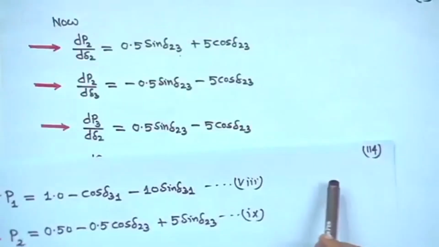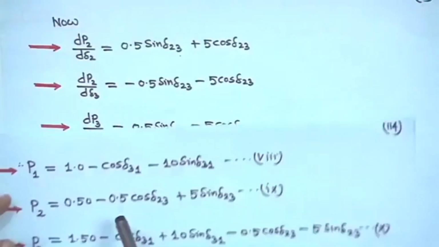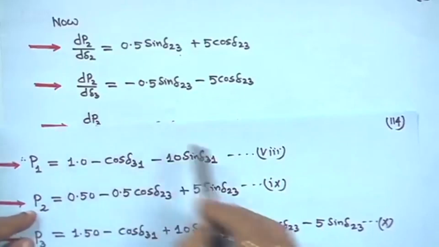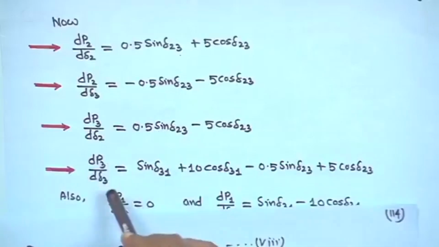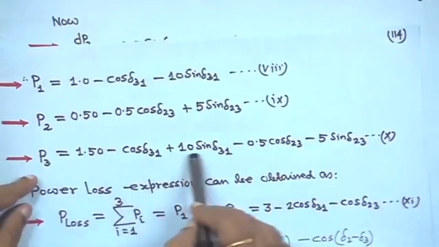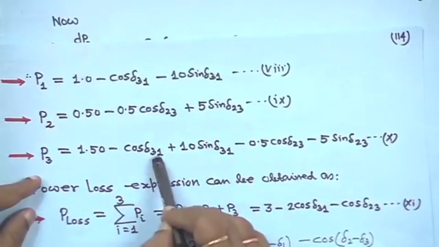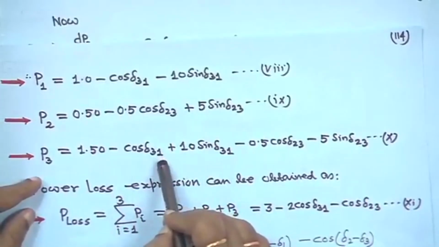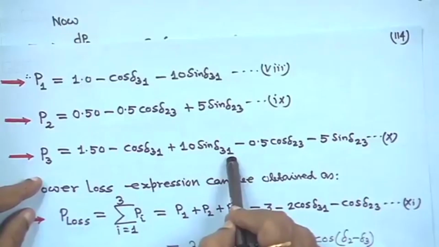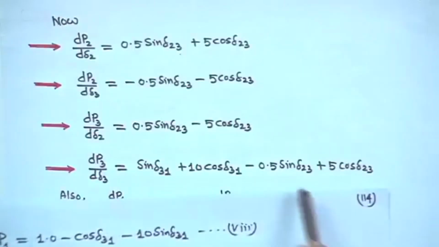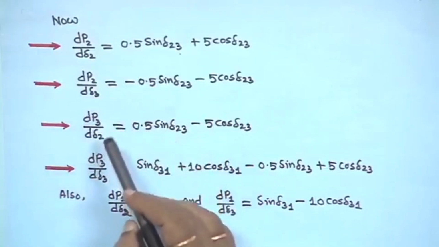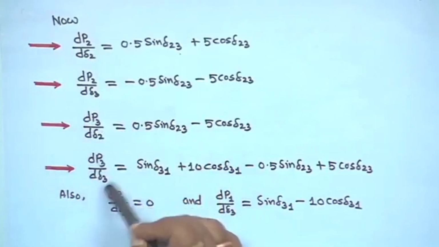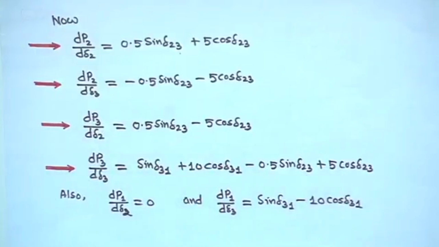This way you find dP 3 by d delta 2 and dP 3 by d delta 3. So, this is the expression you got.